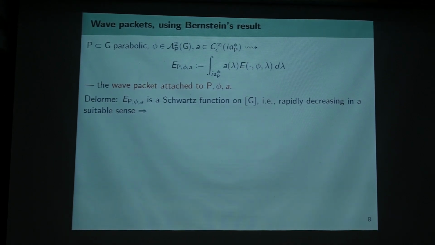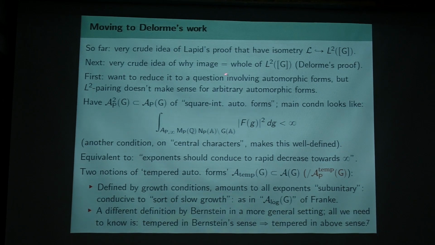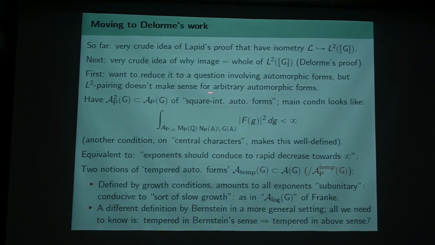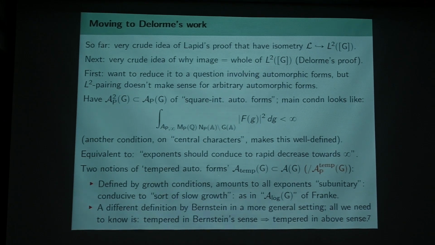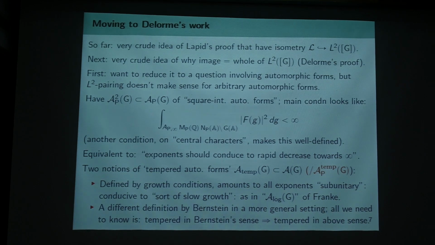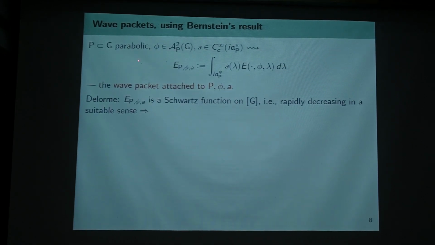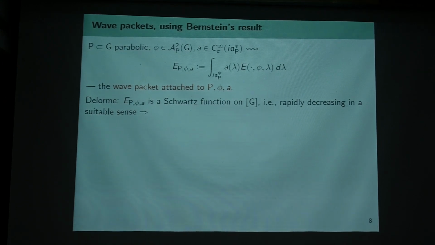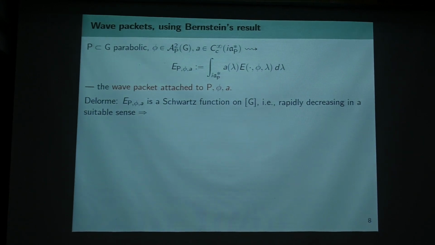So now remember, we want to reduce the question of surjectivity to a question involving automorphic forms, but the L2 pairing does not make sense for arbitrary automorphic forms. So to reduce it to automorphic forms, we have some notion called wave packets. It's actually a much simpler thing than the object that we saw yesterday. Yesterday, or even at the beginning of today's lecture, what was the object that we discussed?